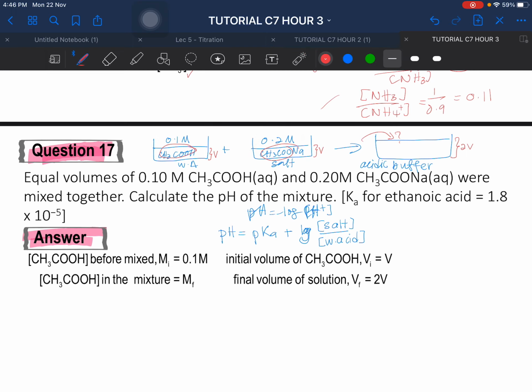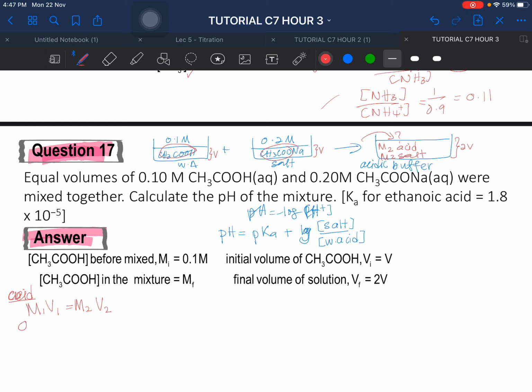So to find the new concentration of the acid and the new concentration of the salt, we need to use M1V1 equal to M2V2. This one is for the acid. M1 refers to the concentration before the mixture. M2 refers to the concentration of acid after mixing with the salt.